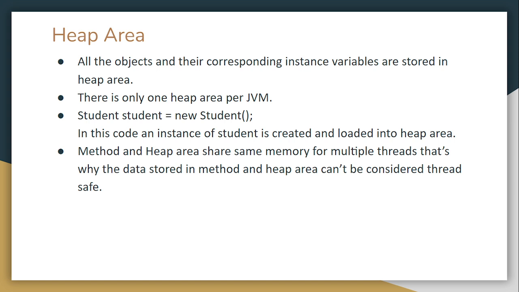So here we can see we have created an instance of student which is loaded into heap area. As method and heap area share same memory for multiple threads, that's why data stored in method and heap area can't be considered thread safe.